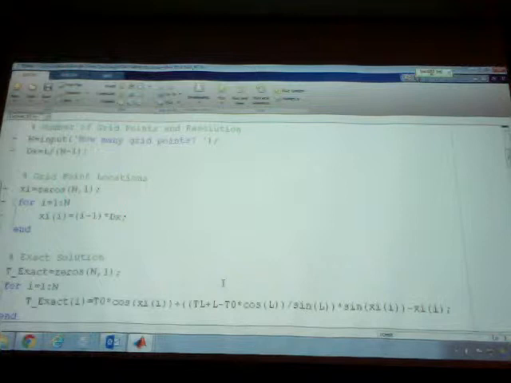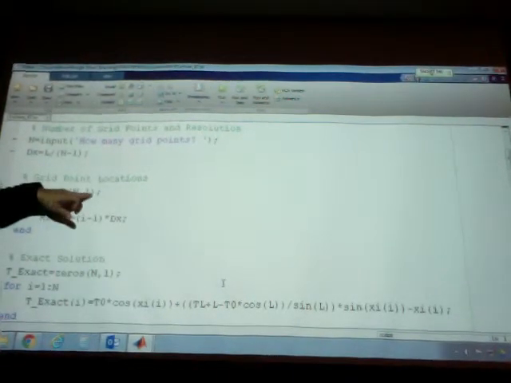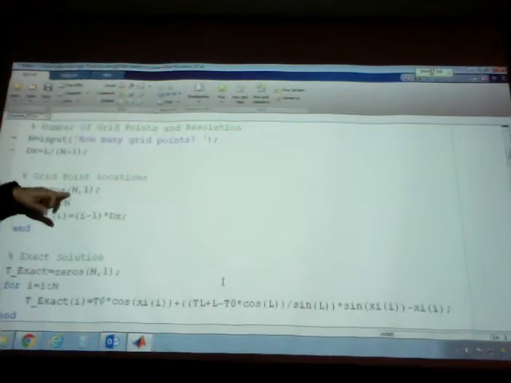All right, so I am going to allocate the grid points. Even though I just said that you don't have to worry about variable types, you do have to worry about variable sizes, the array sizes. Here I'm saying xi is a vector of size n by 1, and I'm going to fill it with zeros.